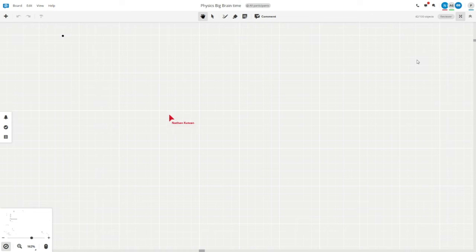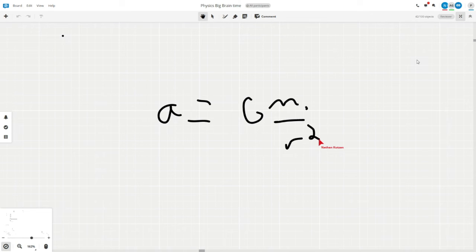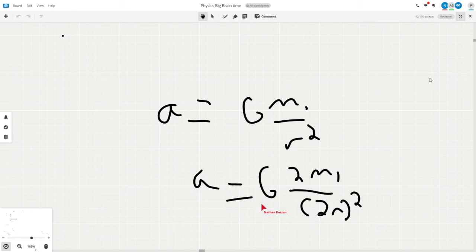So again, we have A is equal to G M over R squared. It said the mass was twice as great, so that would be G 2M, and the planet's radius was twice as large as well, so that's 2R squared. Remember that this part needs to be simplified.